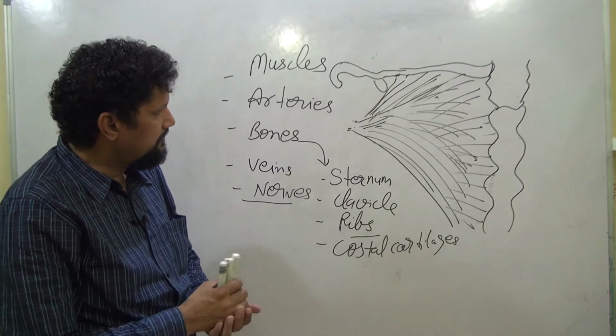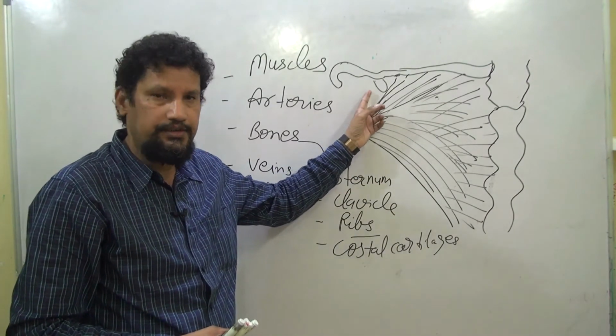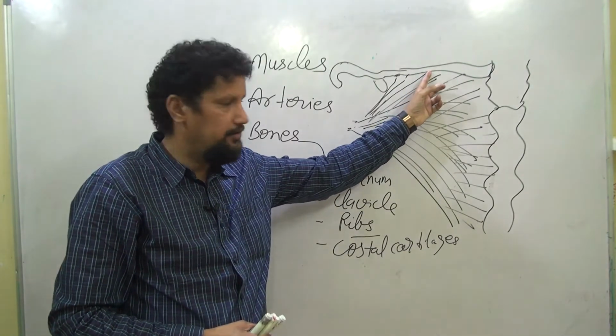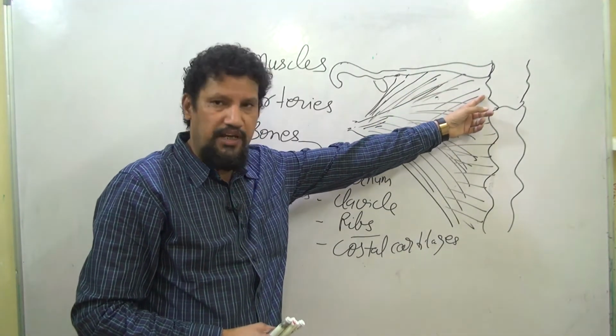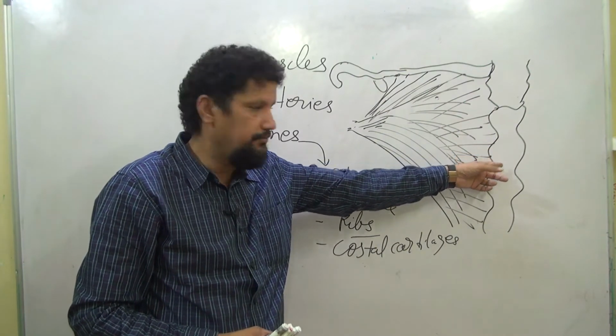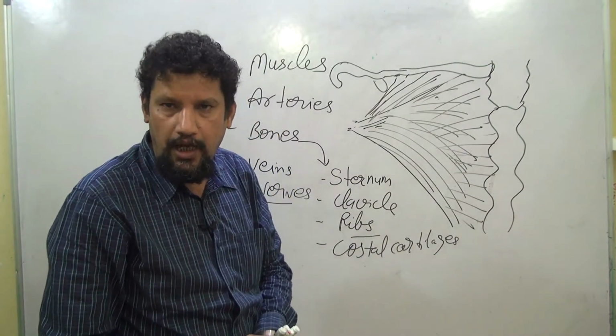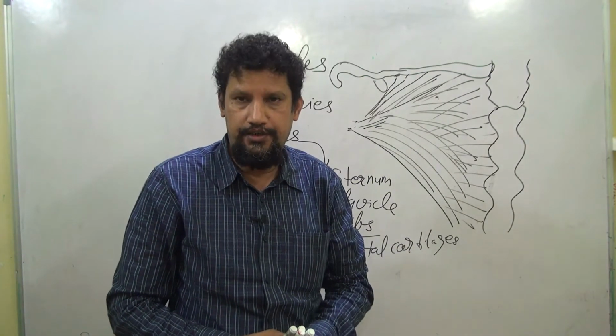So these are the structures or the bones: the coracoid process, the clavicle, the manubrium, and the anterolateral part of the sternum, the upper ribs, and their costal cartilage.